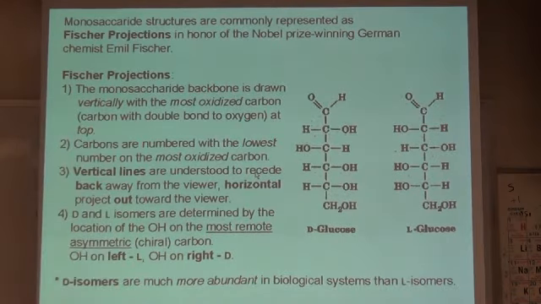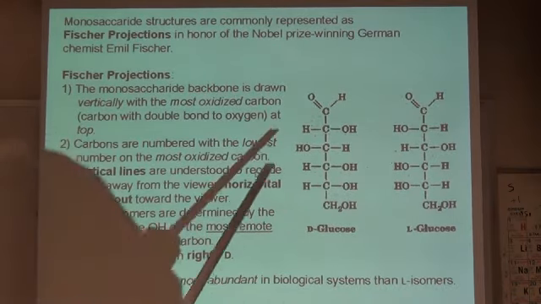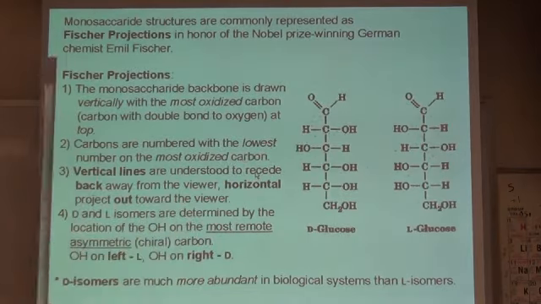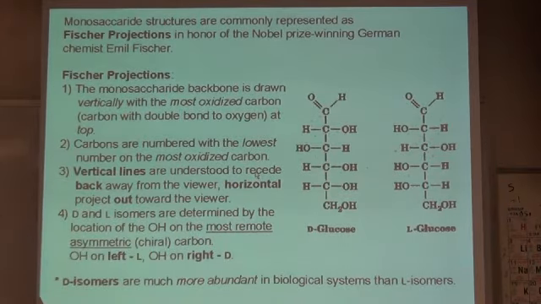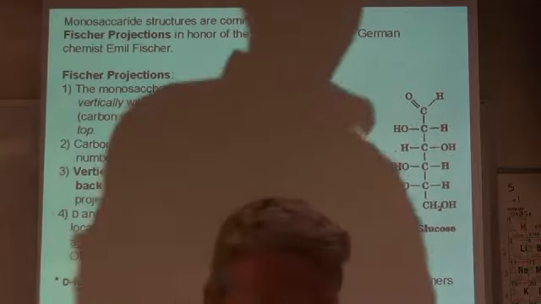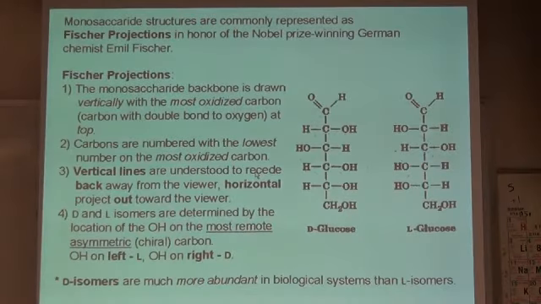Or no? So if this closes into a ring, you're going to draw your 6-membered ring, right? And you're going to put your oxygen in the ring, like so. And this is carbon 1, 2, 3, 4, 5, and then 6 is up here. Because the C5 hydroxy closes on carbon number 1.